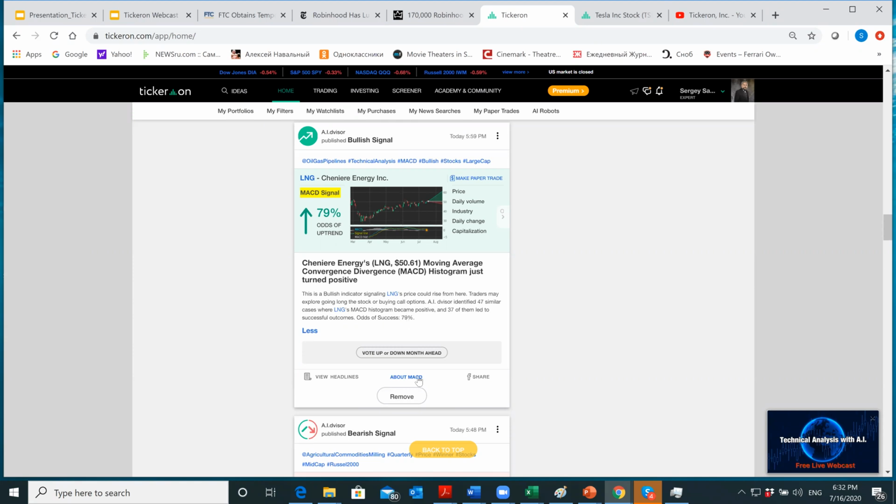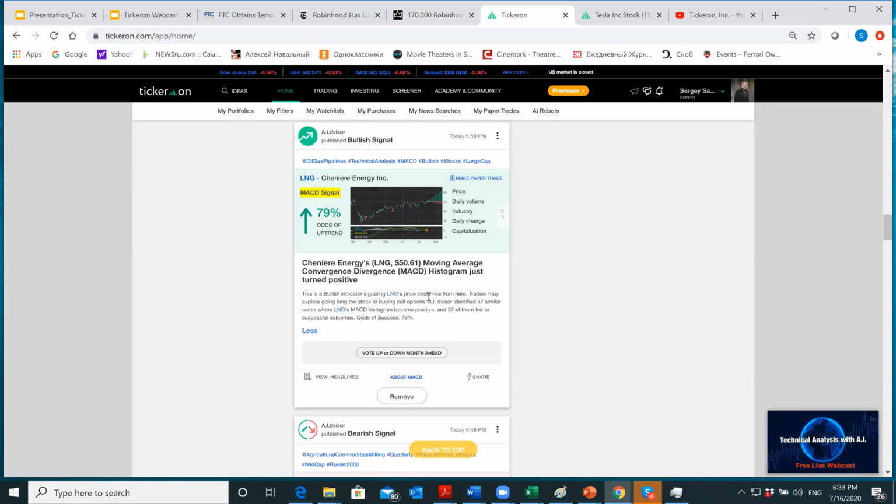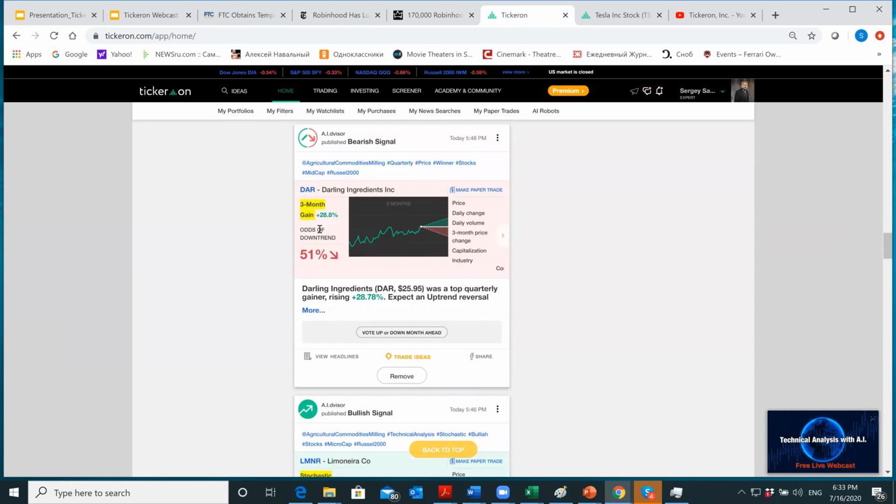But as I already noted, one signal is not good enough, right? But it is a signal which you can use, and a lot of people use just one signal. About 170,000 don't use any signals, okay? If you use at least one signal, you're already better off. Here one signal gives us 79% odds of success, okay?